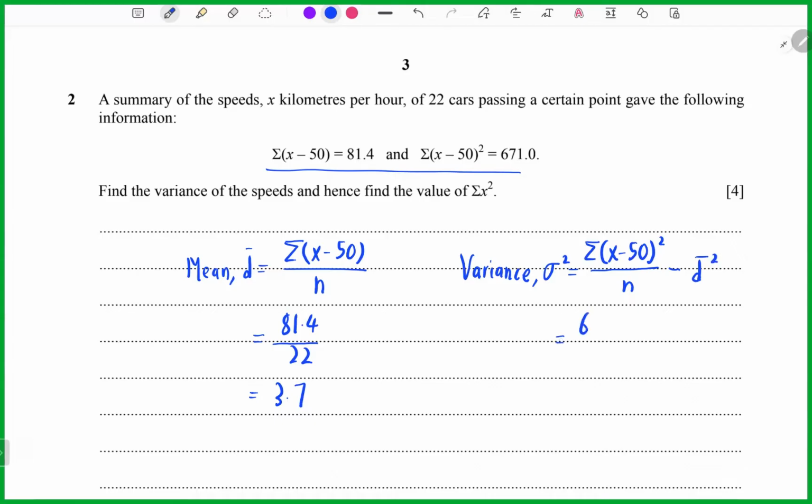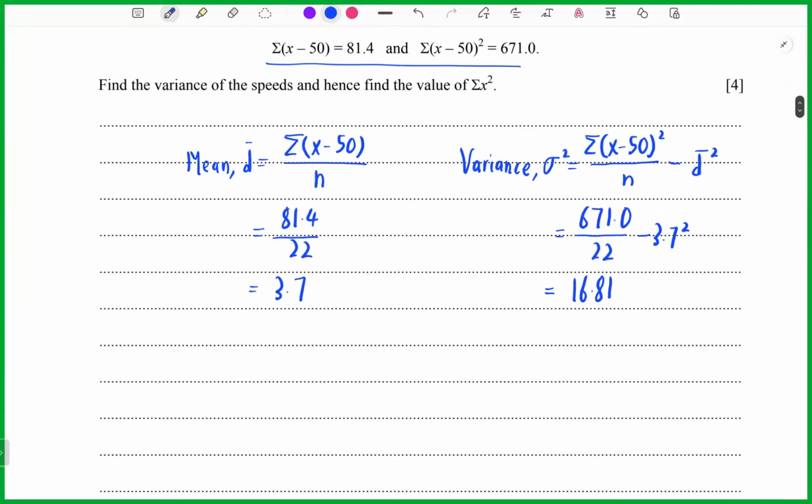So you can take 671.0 divided by 22 minus 3.7 squared, which equals 16.81. We already find this because, as we know, variance and standard deviation are the same. Whatever the mean is changed to, it is still the same.